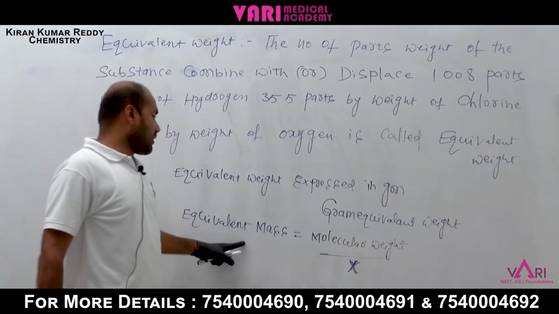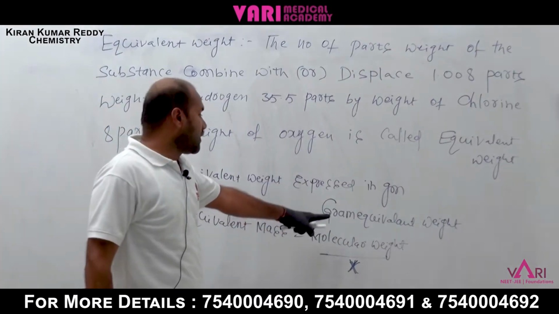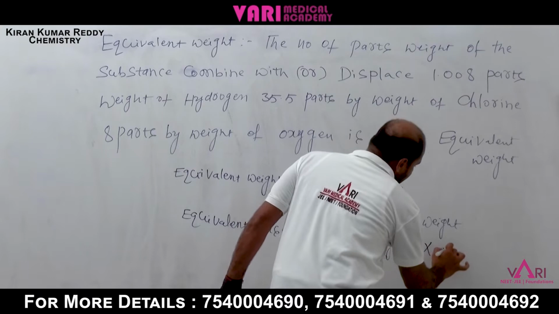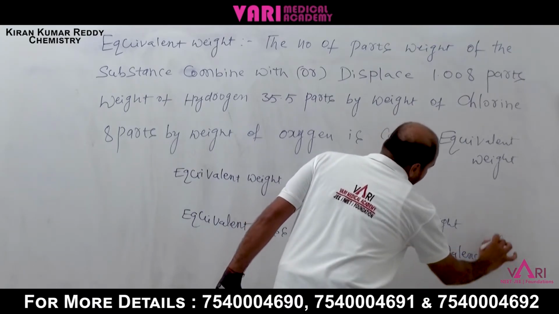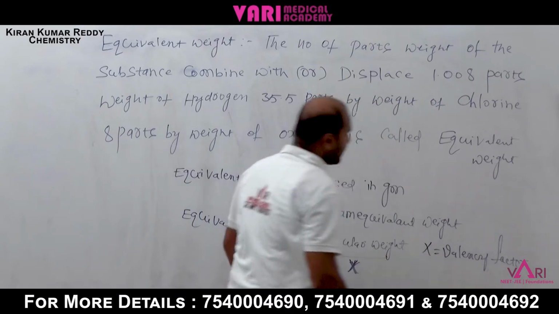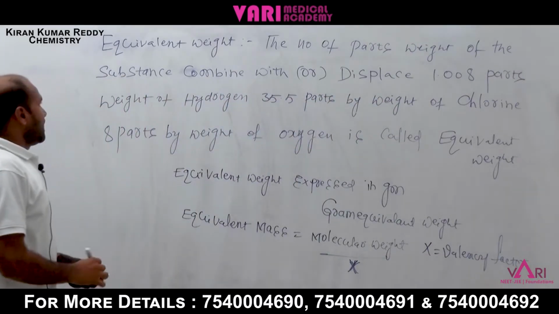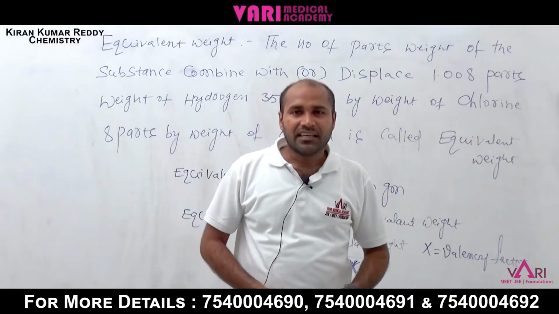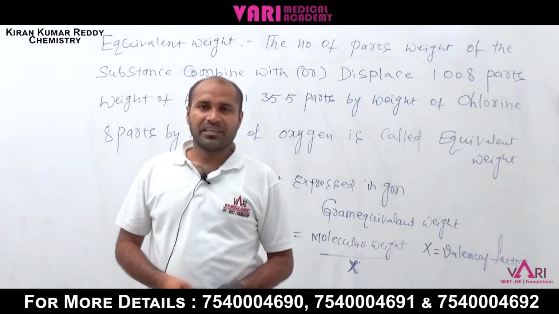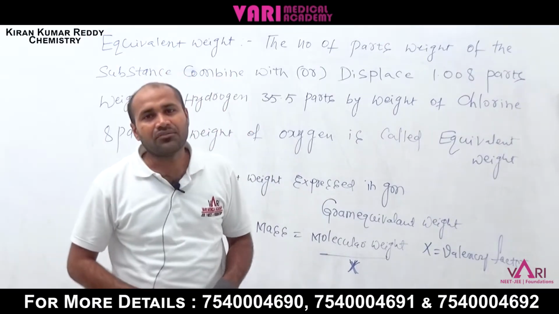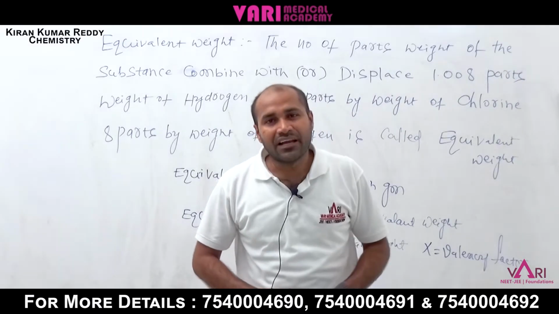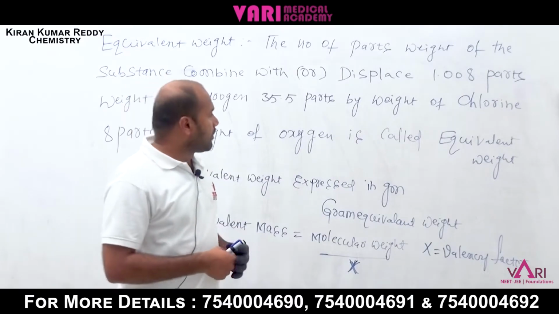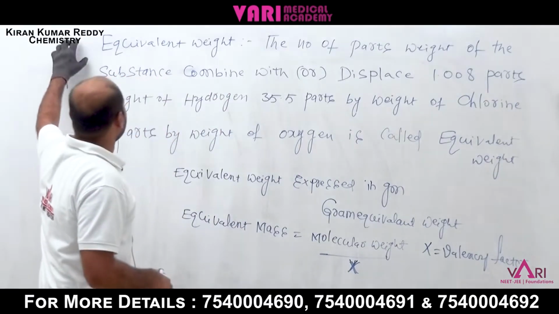Now we can discuss the equivalent weight of elements, equivalent weight of acids, equivalent weight of bases, equivalent weight of salts, equivalent weight of oxidizing and reducing agents. These are the important points about gram equivalent weight.